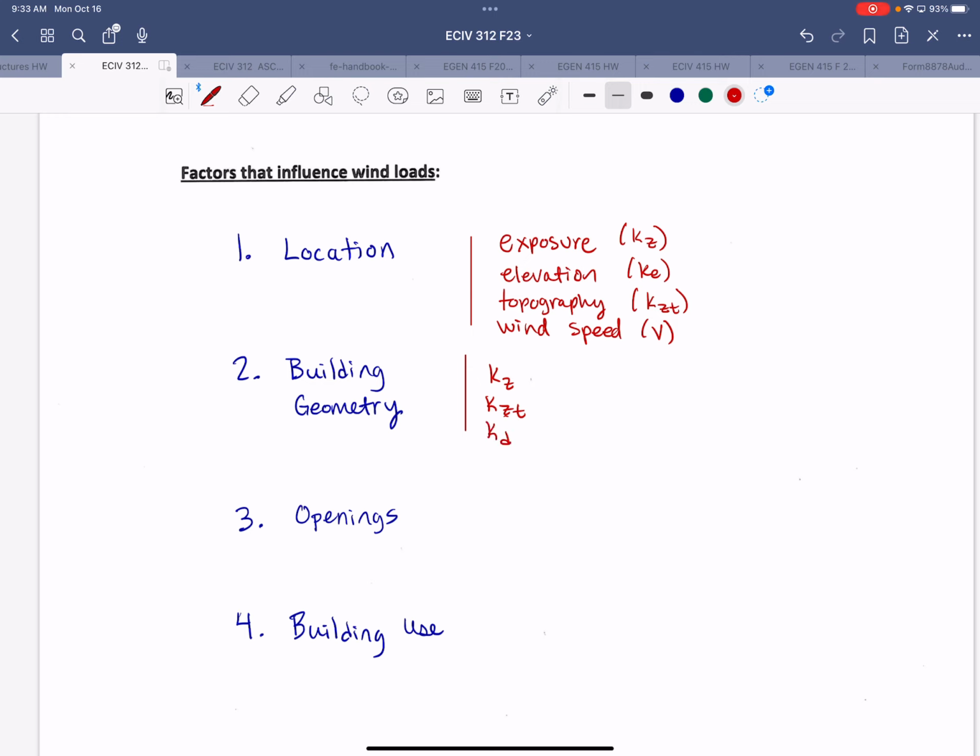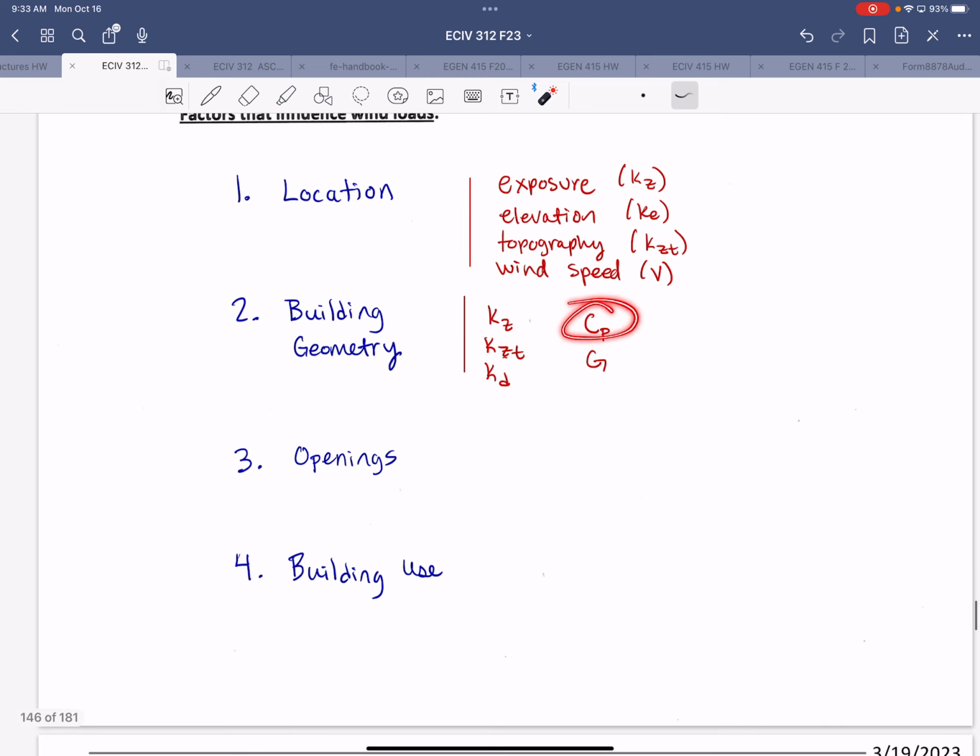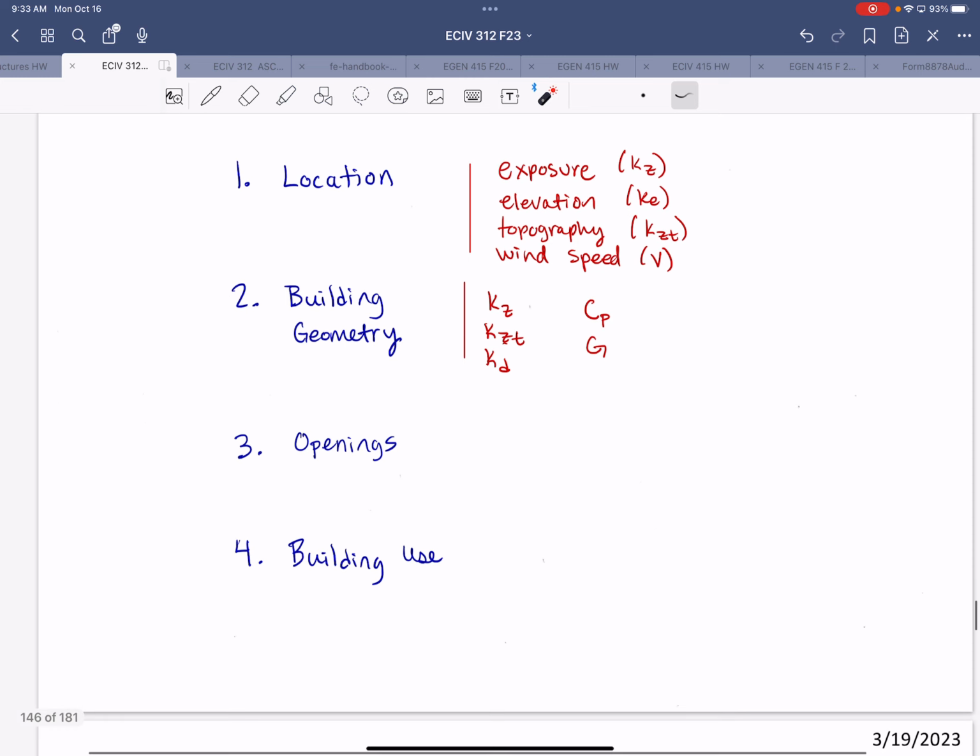KD, that's based on the shape of the building in plan. And then we haven't talked about these yet specifically, but your external wall coefficient, which we defined in the previous equation, and the gust effect factor all technically are tied to the geometry of the building. We'll look at the wall pressure coefficient later in more detail.